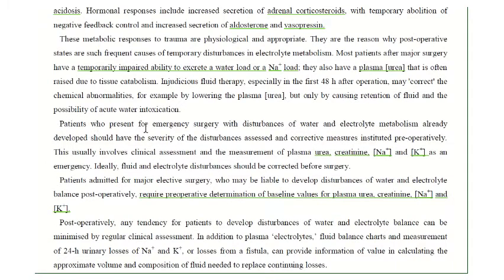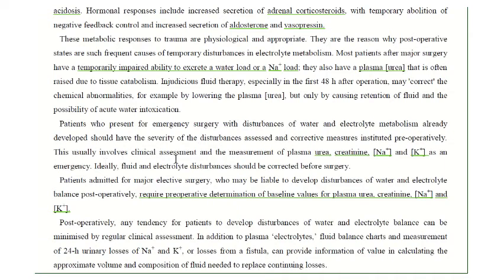Patients who present for emergency surgery with disturbances of water and electrolyte metabolism already developed، يعني المرضى اللي present for emergency surgery لعمليات طارئة وهم عندهم أصلا disturbances بال water and electrolyte metabolism، فلازم should have the severity of disturbances assessed and corrective measures instituted pre-operatively.